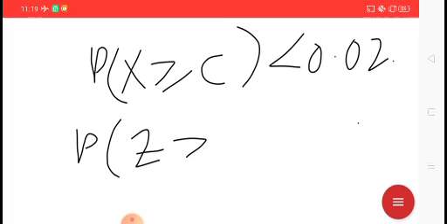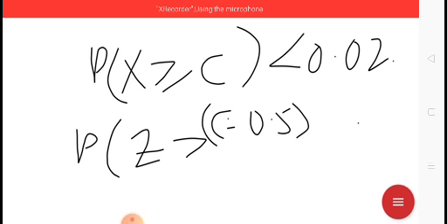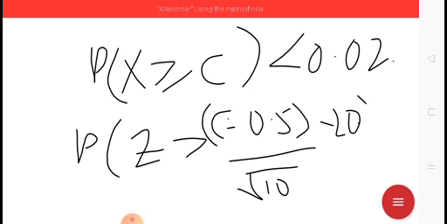P(X larger than or equal to C) means your C will be C minus 0.5, then minus 20, over square root of 10. For this question you can put it equal to 0.02 actually, depending on how you're going to calculate the values.